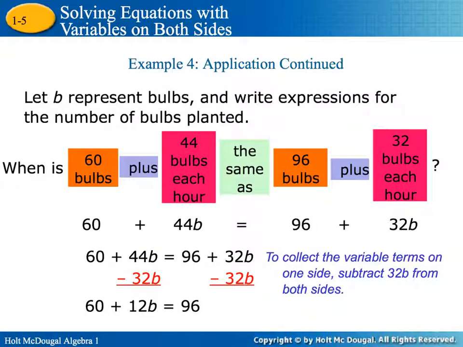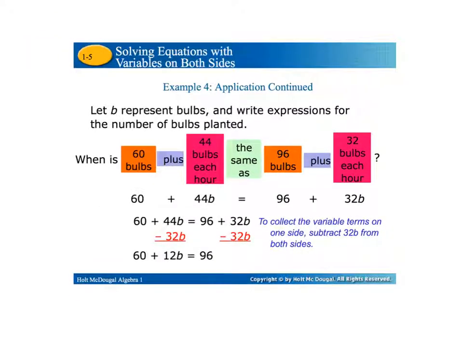Now we're going to come up with the equation. So we're going to set the two things equal to each other. You'll put each person's information on one side of the equation and then begin your inverse operations. So this would be the number of bulbs and then the rate that they could plant them. Set them equal to each other and then solve.